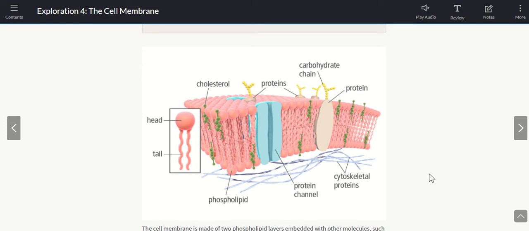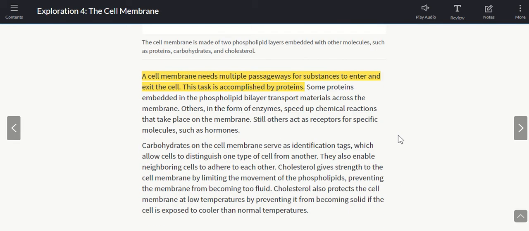Now, there are certain things that can pass through this, but for the most part, what I want to point out here are these structures. All of these structures that go all the way through the membrane are different types of proteins. We're going to talk about what some of these proteins are and what they do, and how these proteins help to control what substances can cross that membrane.